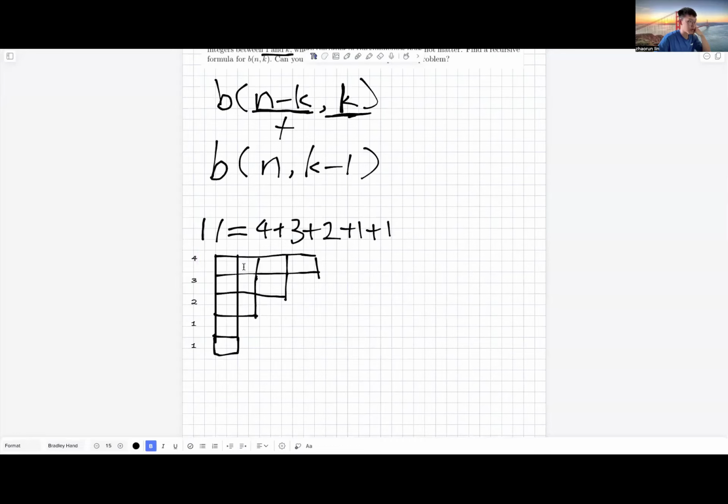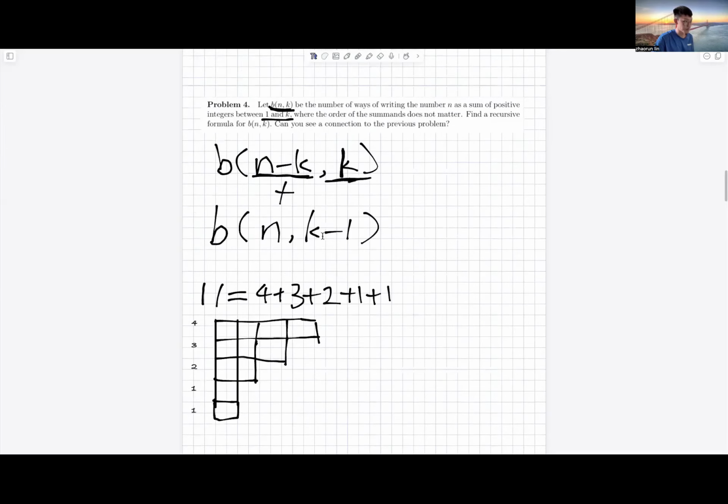So we have 4 squares at the top, and 3 and 2 and 1 and 1. So this is actually one of the representations of 11 where the largest summand is 4. So you can see this is one of the possibilities of B(n, k).